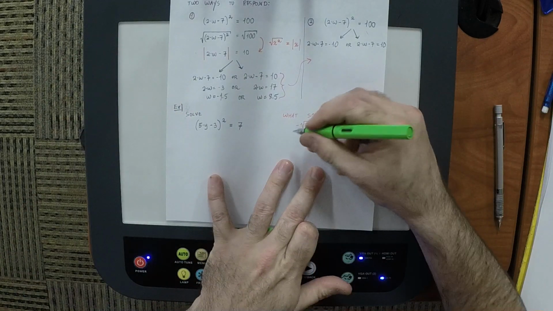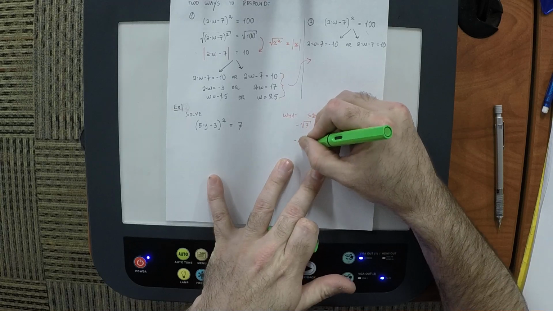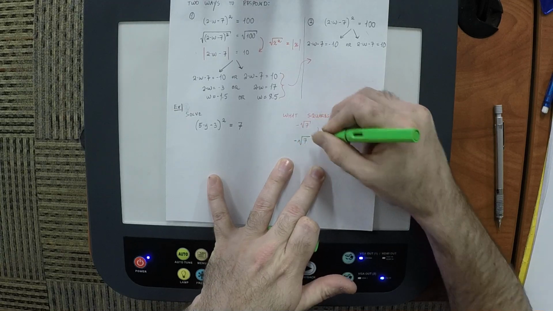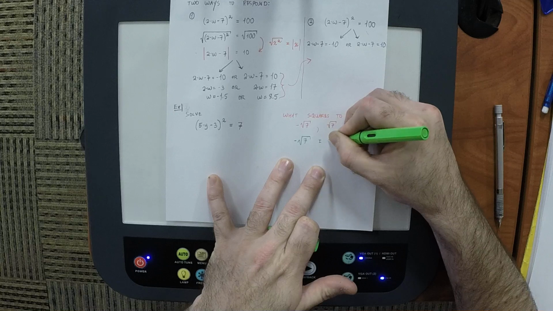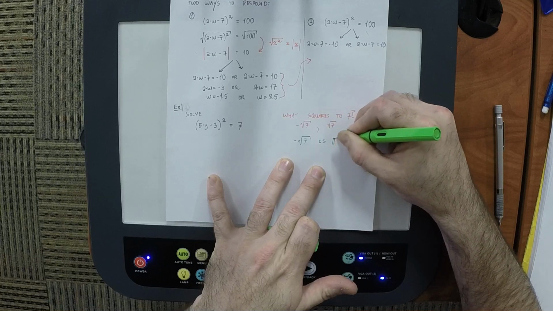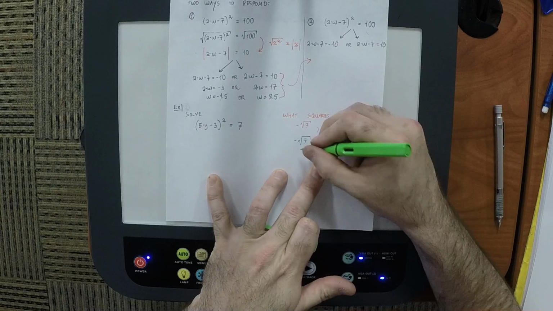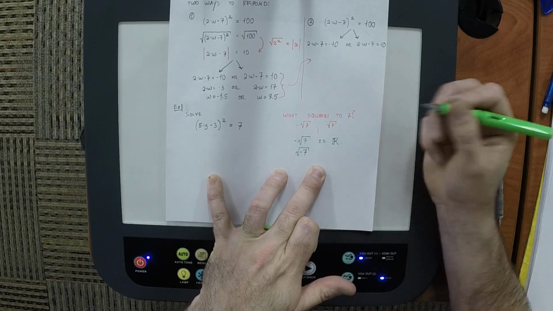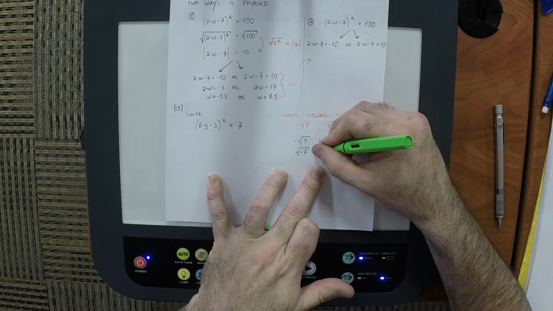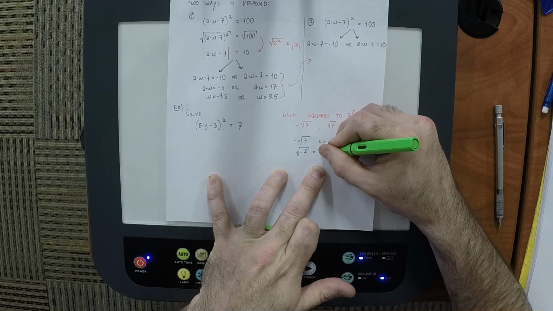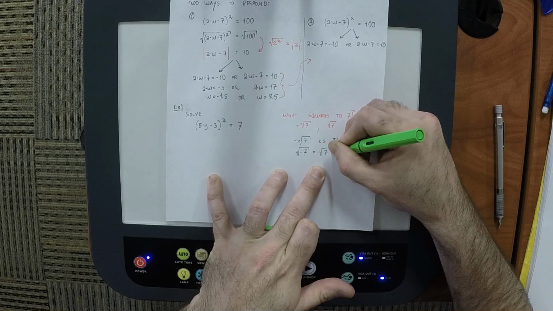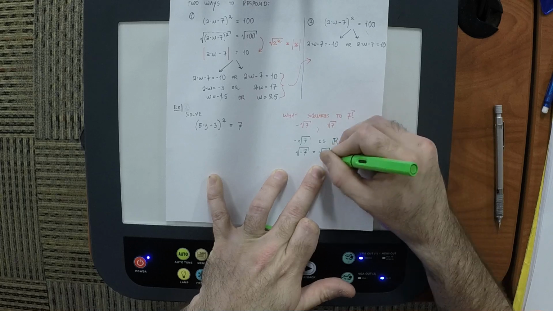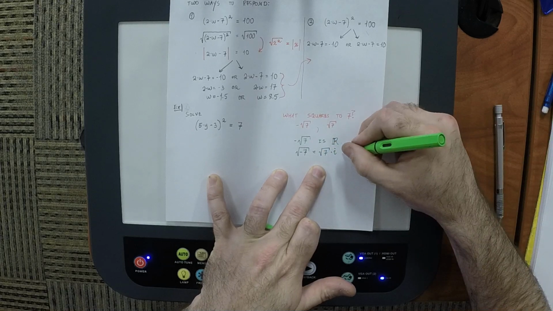So to be clear, negative square root of 7, this is real. The square root of negative 7 is not. If you're dealing in the complex numbers, it's square root of 7i, which is not real.